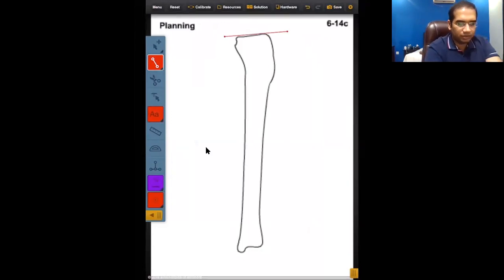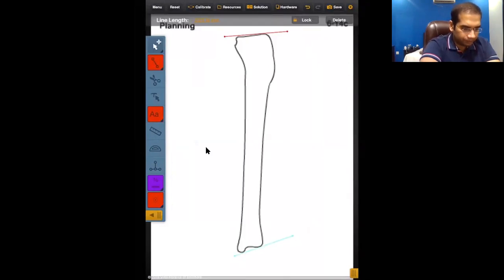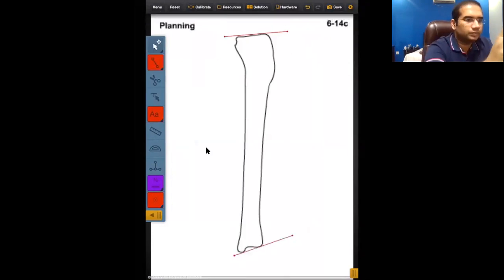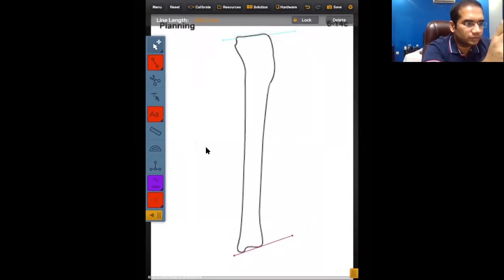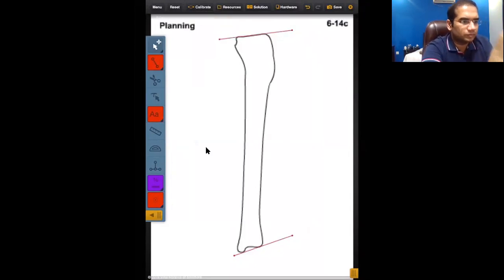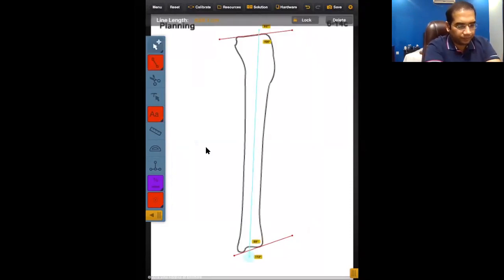Let us draw the joint orientation lines. Now let us draw a mid-diaphyseal line. Okay.